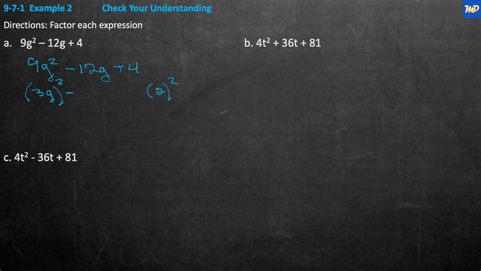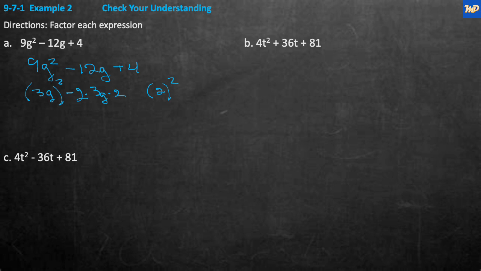Can we pull a 2 out of the 12? Yes, we can. So I'm taking out the 2. What's remaining? 6g. And what do we need? We need a 3g. Well, we have that. So 3g times 2, because 2 times 2 is 4, times 3 is 12.